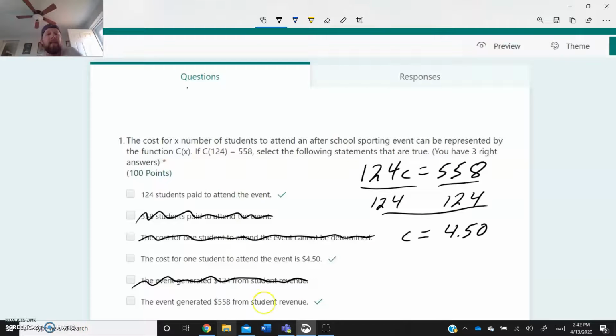And the last one says the event generated $558 from student revenue, which once again is true. It equals $558. Those are going to end up being our three answers. 124 students paid to attend the event, the cost for one student to attend the event is $4.50, and the event generated $558 from student revenue.